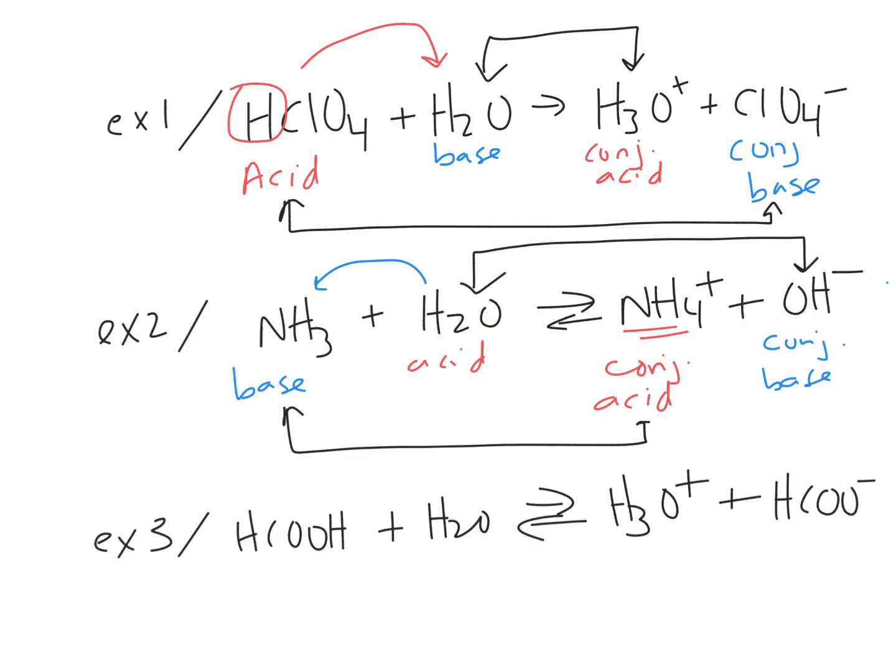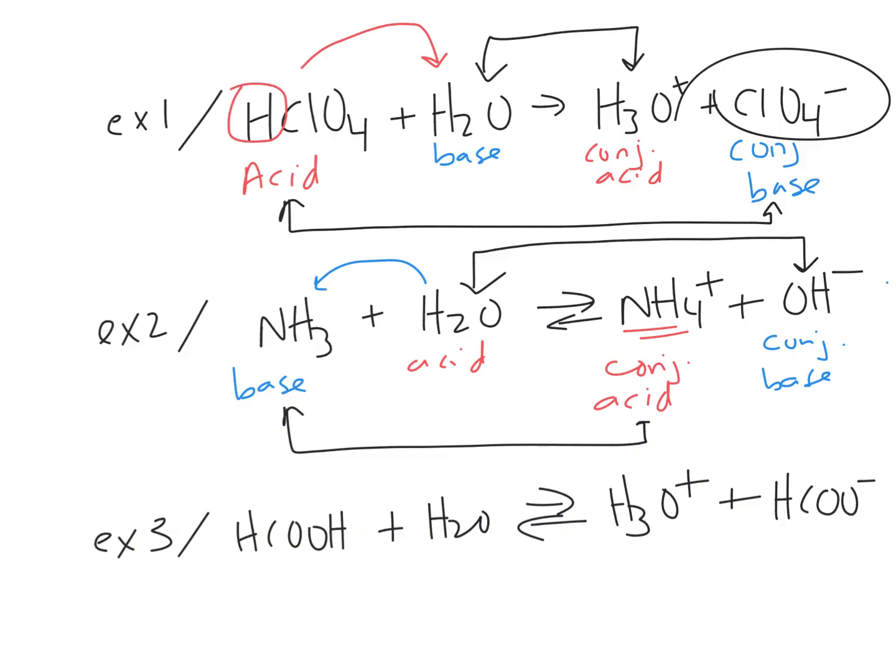And again, please notice that the acid and its conjugate base, the base and its conjugate acid, anywhere we've drawn the pairs, those are always the protonated and deprotonated forms of themselves. The only difference between an acid and its conjugate base is an H+, right? But it's the H and the plus. That's very important because that's how you get the formula for a compound like ClO4 minus, correct? It's not just ClO4, it's ClO4 minus.